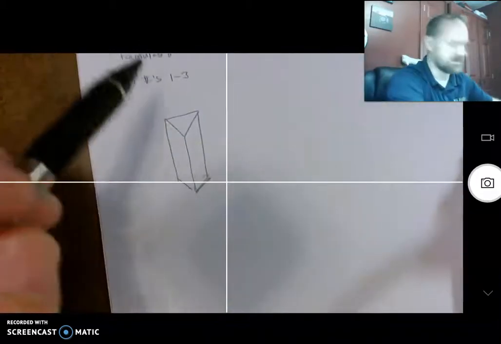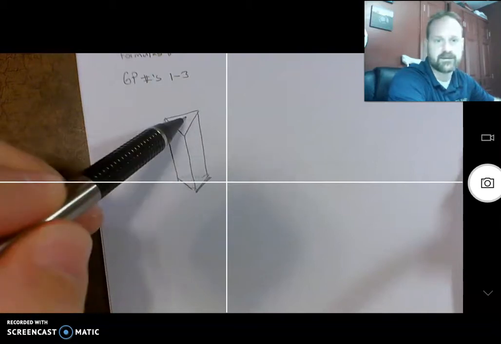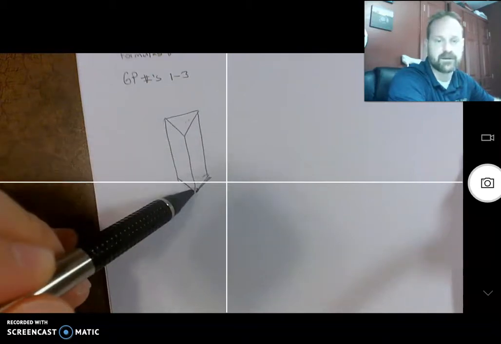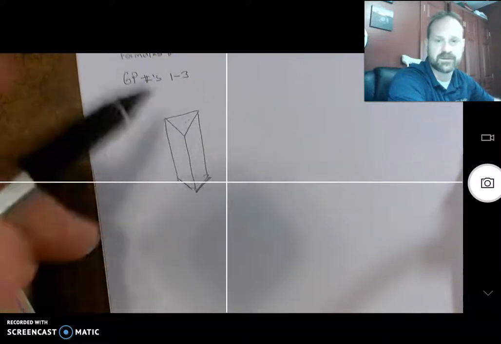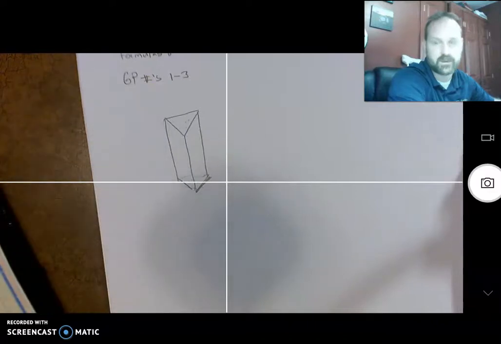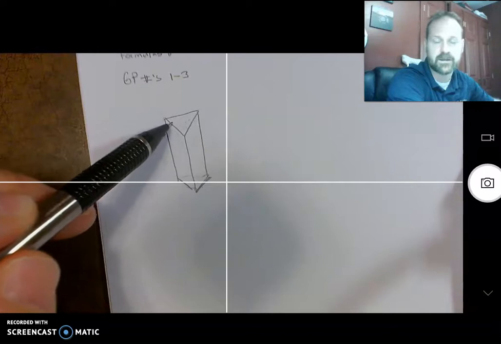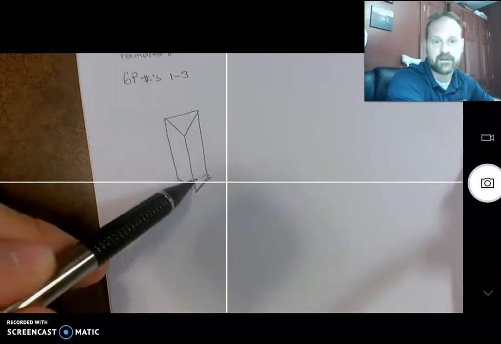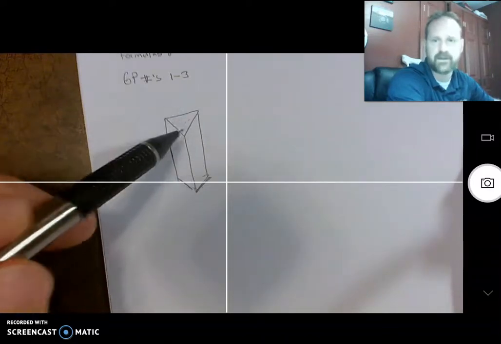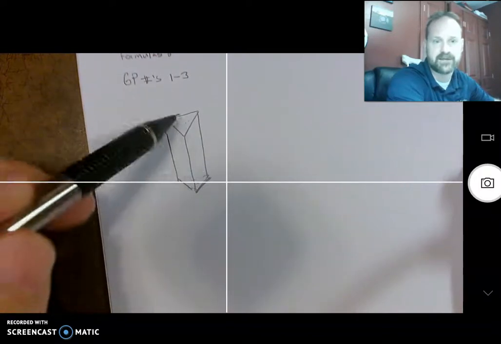In order to be a prism, these have to be congruent bases. So this would be a prism called a trigonal prism. That's the way you say what type of prism it is, by the base shape. If it's a triangle, it's trigonal. It doesn't have to be regular, but these have to be congruent.